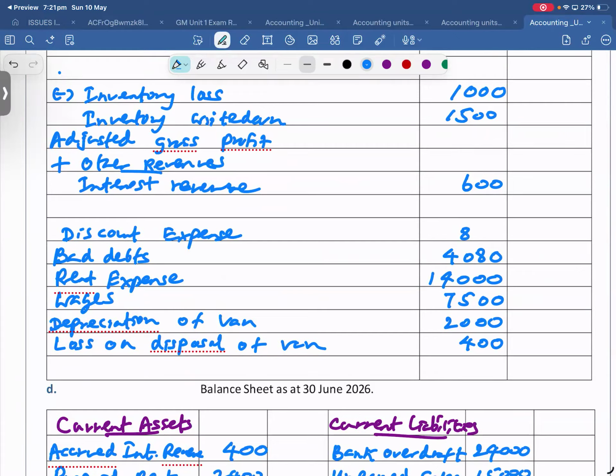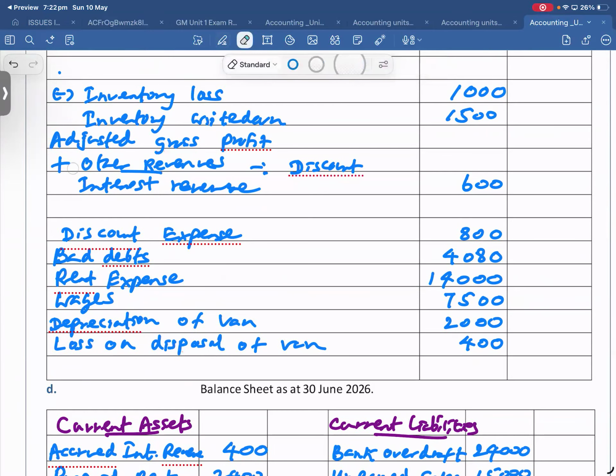$800, and then discount revenue. I'll write it here. Oh my god, I mixed up things, oh dear.